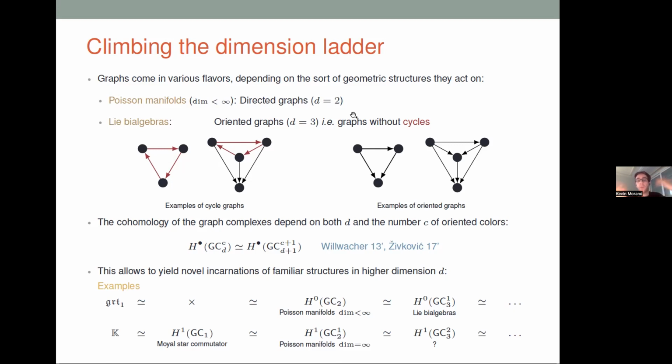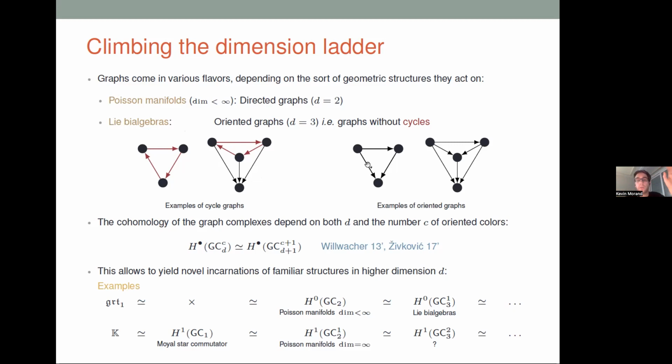And another ingredient is the number of colors which are oriented. By oriented graphs, we mean a graph with no cycles, where a cycle is a directed path from one vertex to itself. If we remove all of these cycles, what we are left with is oriented graphs. And in order to act on Lie bialgebra, as shown by Merkulov and Pfeffer, we need to use oriented graphs.